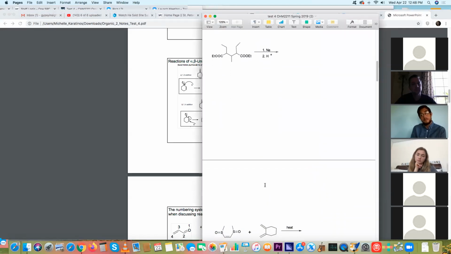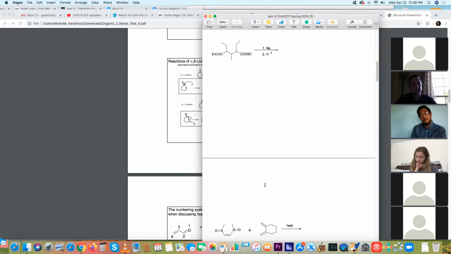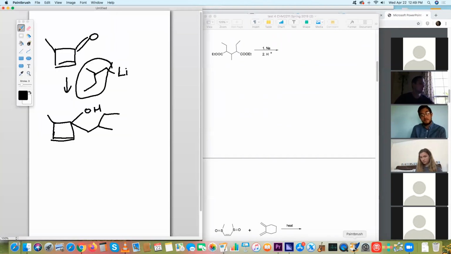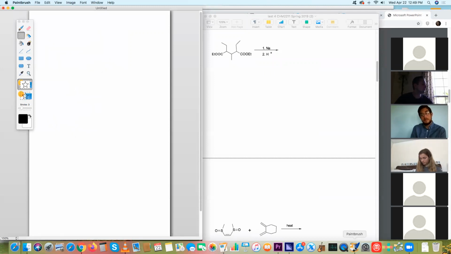This next reaction is called an Acyloin condensation. You'll definitely get one of these on the test, and it's characterized by the joining together of these two ester groupings. And the product for this one is going to look a lot like this.